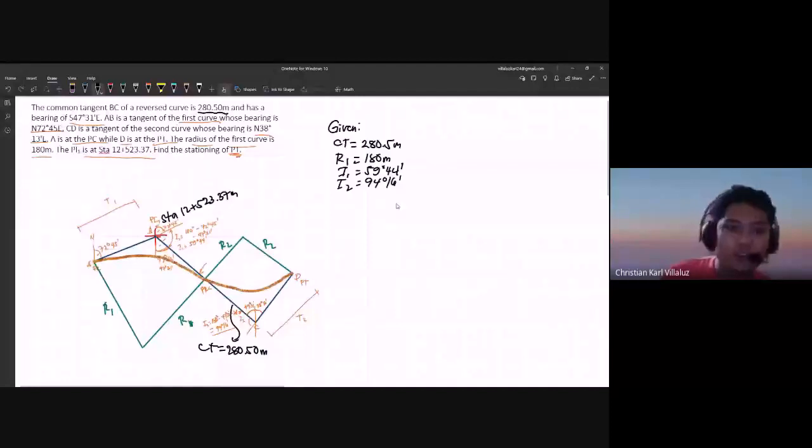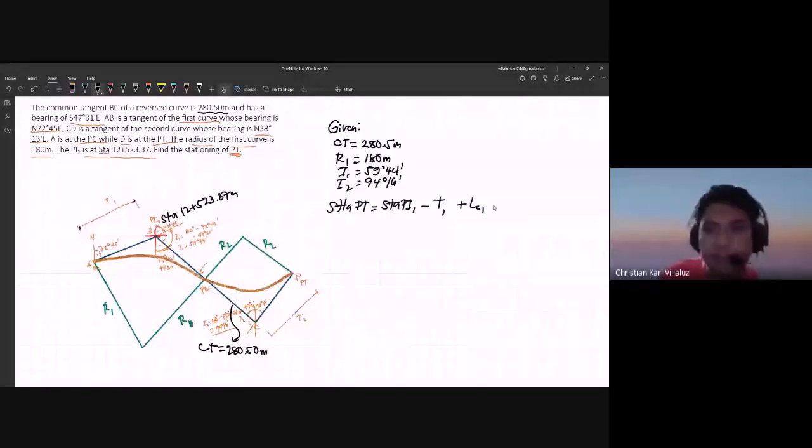So, kasi class, kung hahanapin natin yung stationing ng PT, given the stationing of PI, kailangan muna nating pabalikin yung stationing na papunta sa PC. So, the stationing of PI1, kailangan pa nating isubtract yung T1, then add the LC1 or the length of the first curve and the length of the second curve.